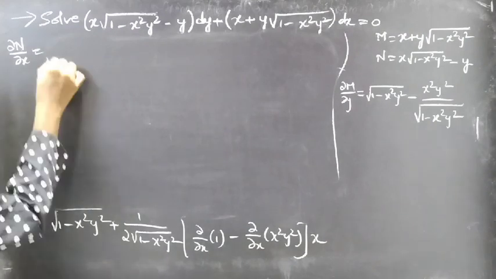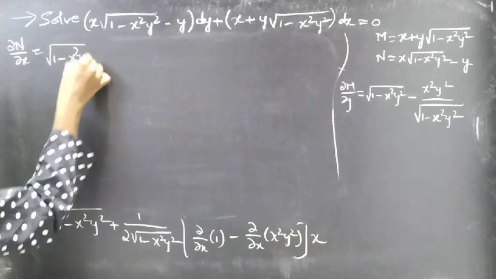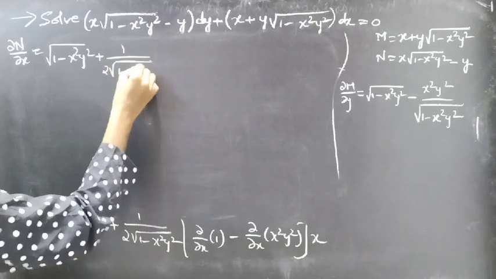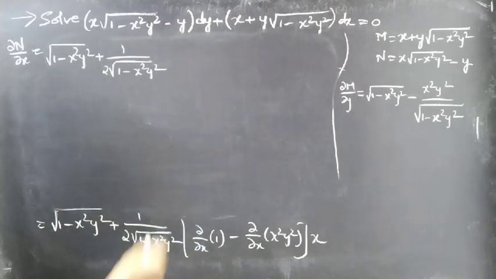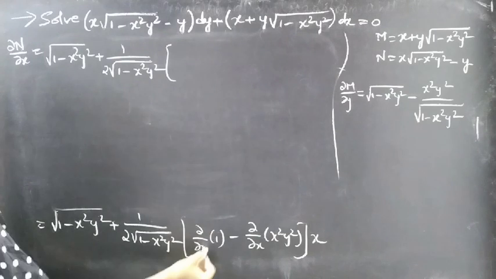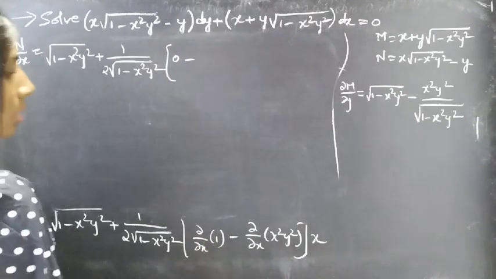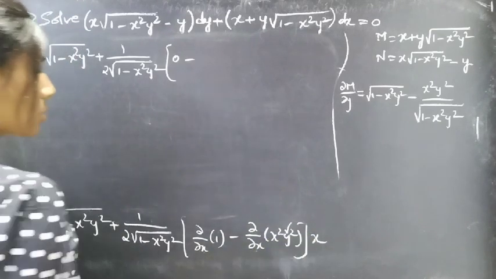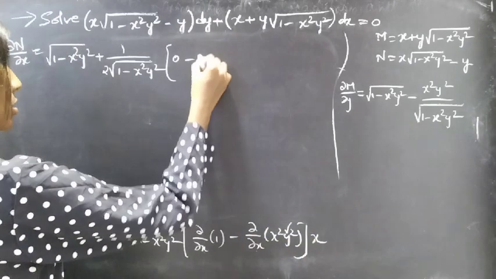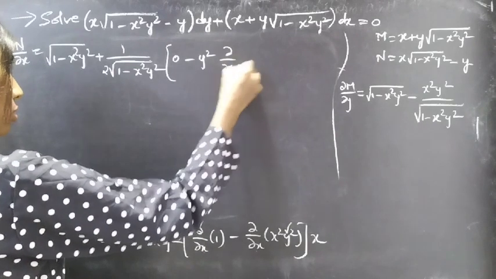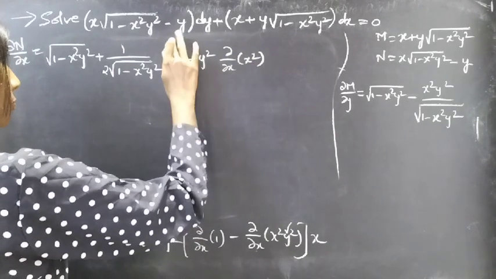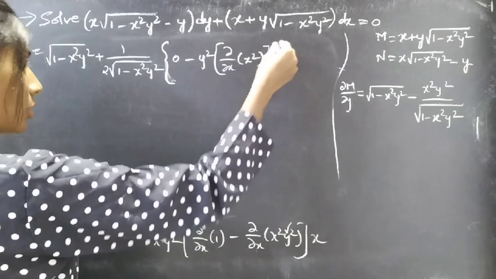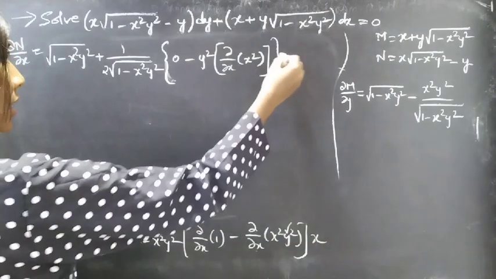This gives us square root of 1 minus x square y square plus 1 by 2 root 1 minus x square y square into partial derivative of constant with respect to x is 0 minus, here as it is a partial derivative with respect to x, y is treated as constant, so y square is constant here, so we can write this term as y square into dou by dou x of x square, into x.